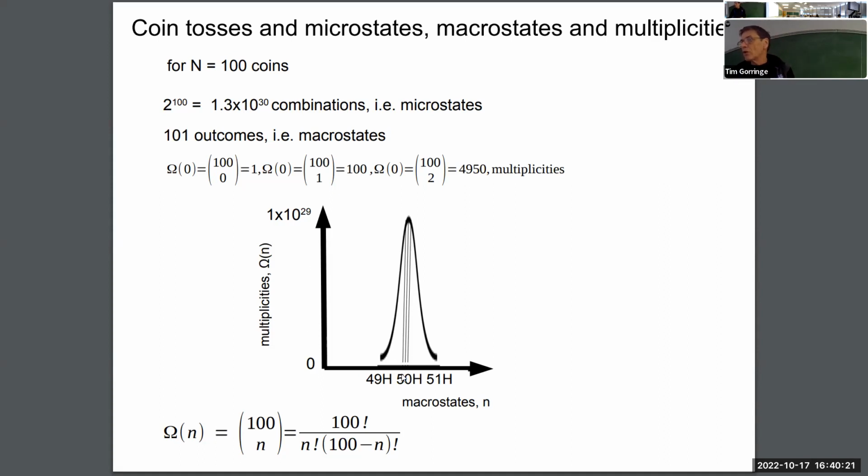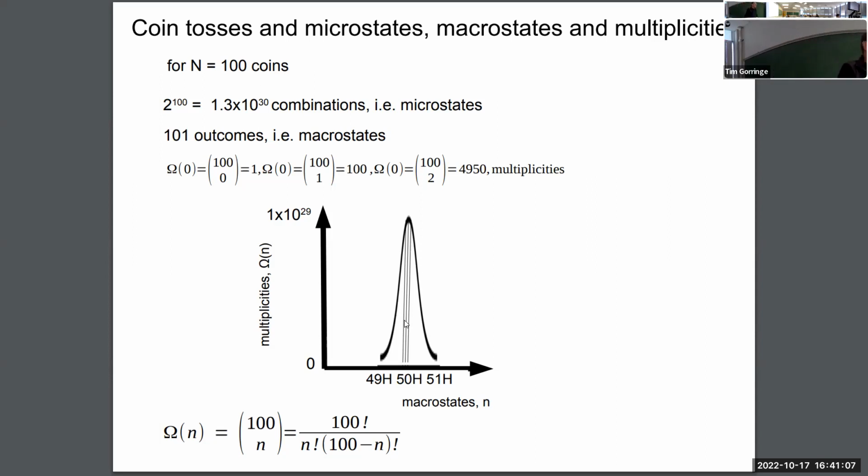If you were to plot the multiplicities of the 101 different macrostates, you'd see they'd be strongly peaked around 50 heads and 50 tails. I think 50 heads, 50 tails is something like 1 times 10 to the 29 microstates. So that's almost 10% of the microstates. So it's got 10 to the 29 more microstates than no heads and no tails, those two microstates, and then it falls off pretty rapidly around that number.